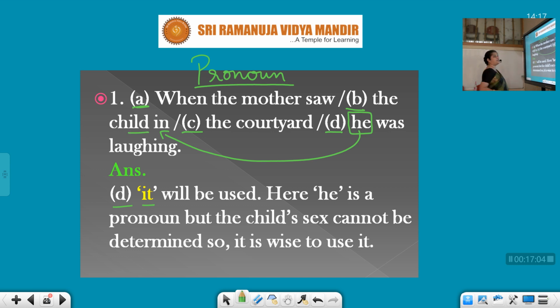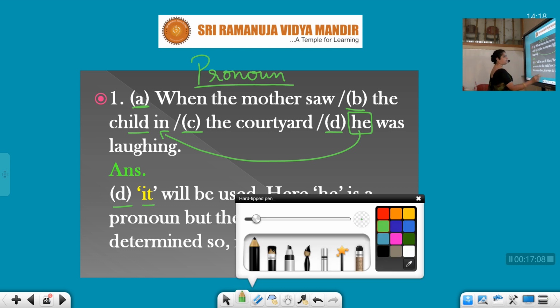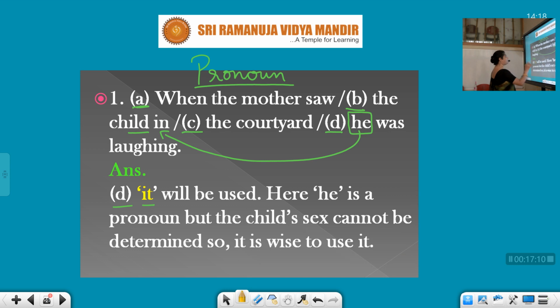So the child is a common noun. I suppose you understand my point, students. The child is a common noun. What is the meaning of common noun? It can be masculine gender or can be a feminine gender. We are not assured which gender it is. Can be a male, can be a female.